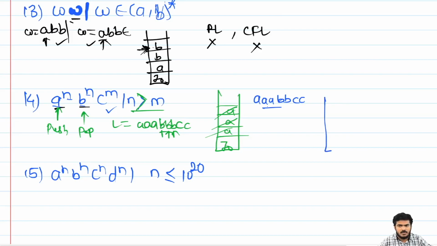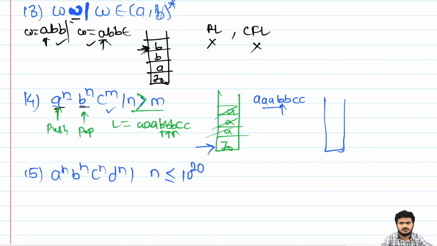If I am not popping a for each occurrence of b, then we are not able to identify whether a's are equal to b's or not. So I am popping for each b occurrence, and if I am left with z0, then only can I say that a's and b's are equal. Okay, and finally I am left with c only.